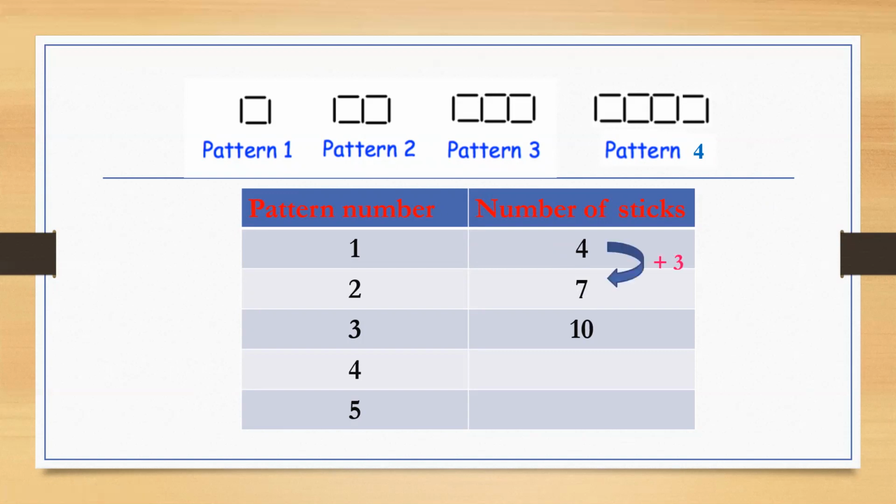We are adding 3 to get the next term. So in pattern 4, we will have 10 plus 3, that is 13 sticks. And in pattern 5, I will have 16 sticks.